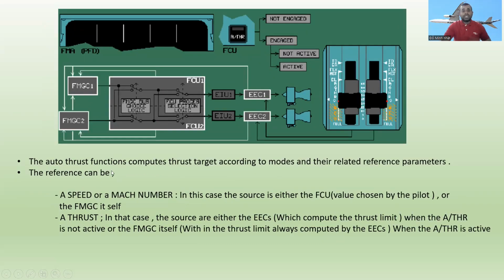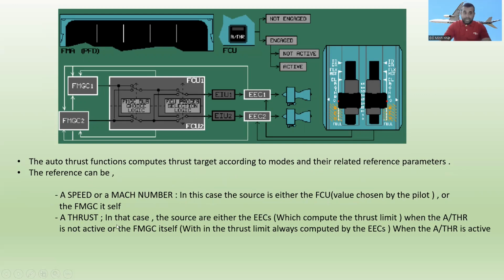And the autothrust function computes the thrust target according to modes and their related reference parameters. The reference can be a speed or Mach number. In this case, the source is either the flight control unit, value chosen by the pilot, or the flight management guidance computer itself.